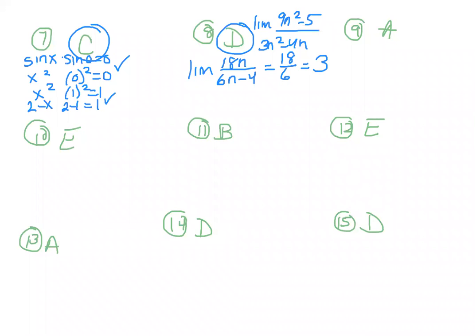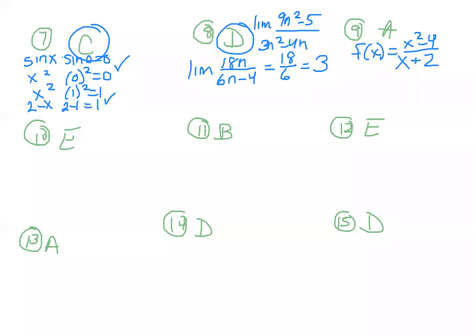Okay, number 9. If the function f is continuous and f of x equals that, when x does not equal -2, then what does f of -2 have to equal? Because if you put -2 in here for x, you get 0/0.